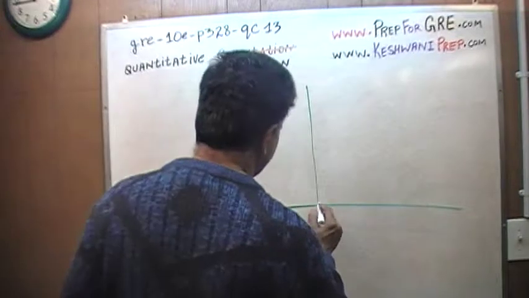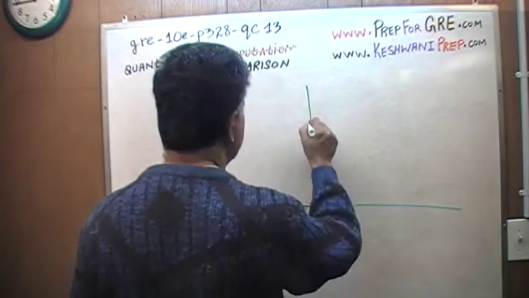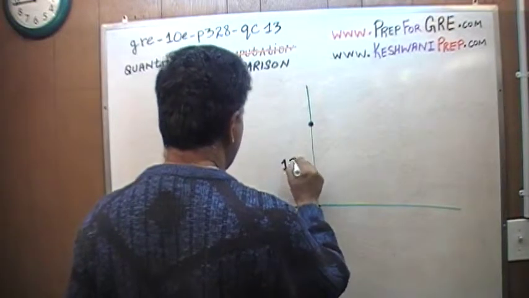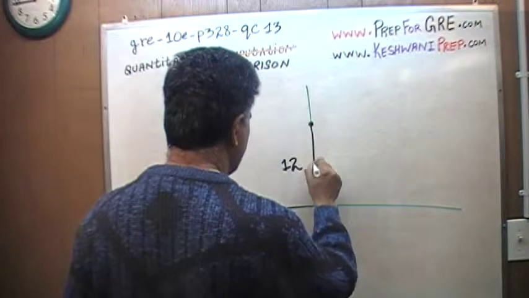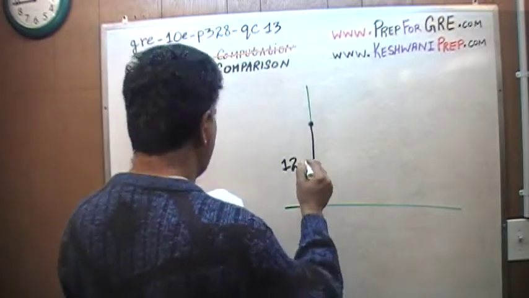So, from here to here is 12. This distance right here is 12.